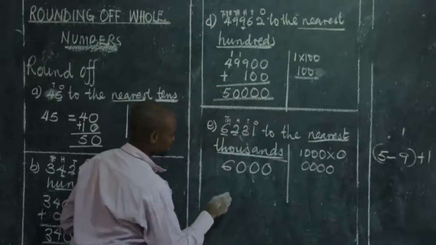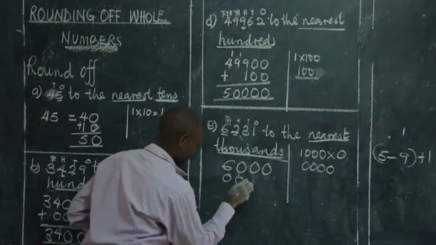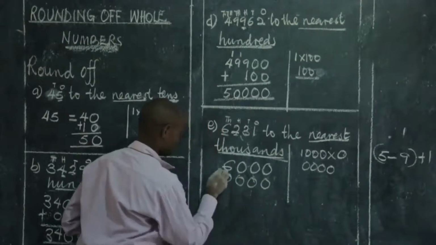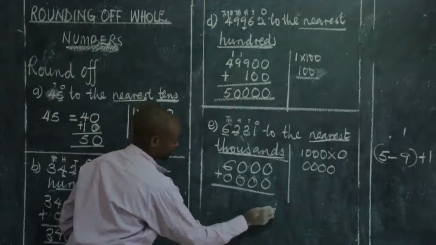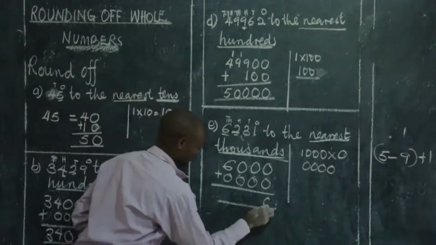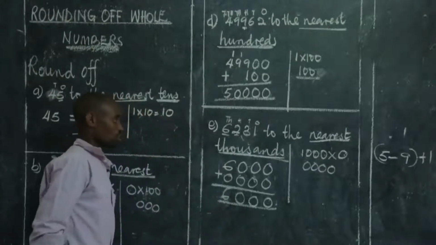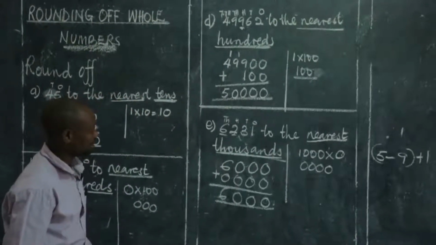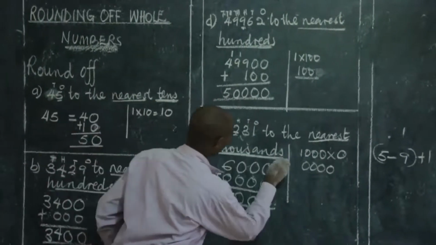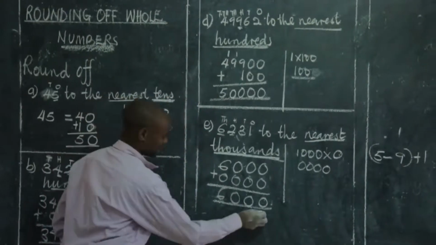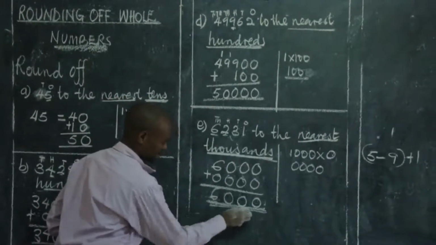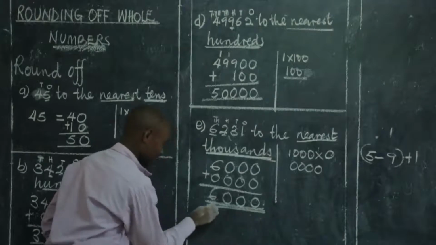Then come and add here 0, 0, 0, 0. So this one will give you 0, 0, 0, then 6. So when you round off this number to the nearest thousands, you will end up getting 6,000 as your answer.